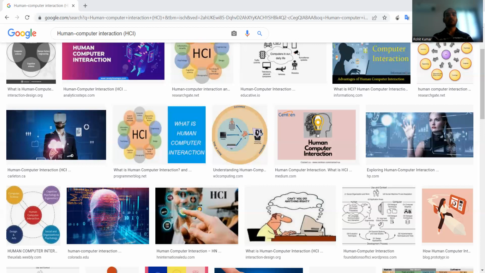Okay, now coming to the related journals, because if you are going to work on a specific domain or application area, then where to publish the research is an important thing.